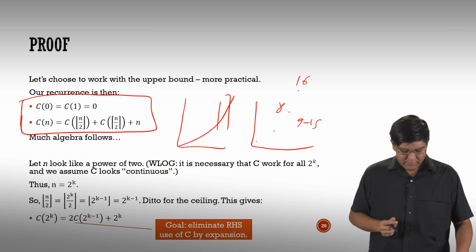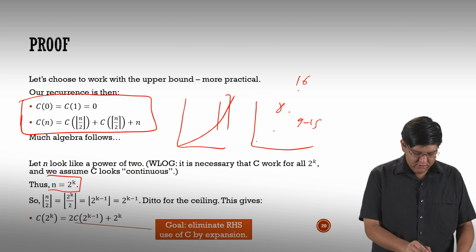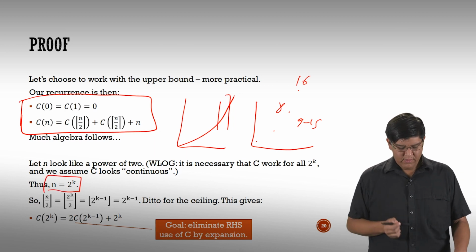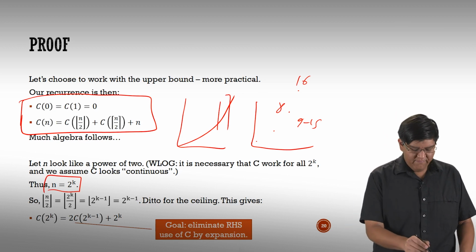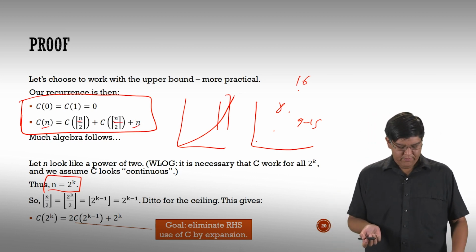All right. So we're going to say n looks like a power of 2. So we're saying the following: n looks like 2 to the k. Then we can basically do a substitution. Wherever there is an n in my formula, I have 4 n's, I'm going to substitute in 2 to the k.